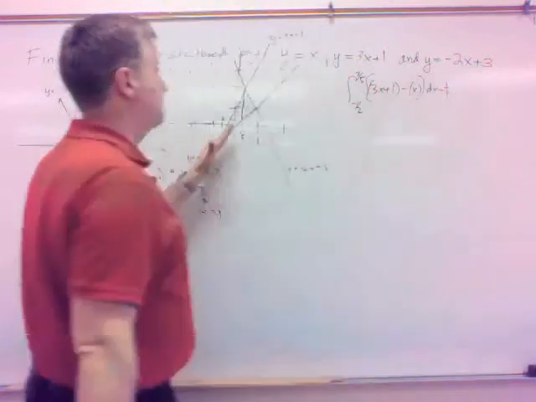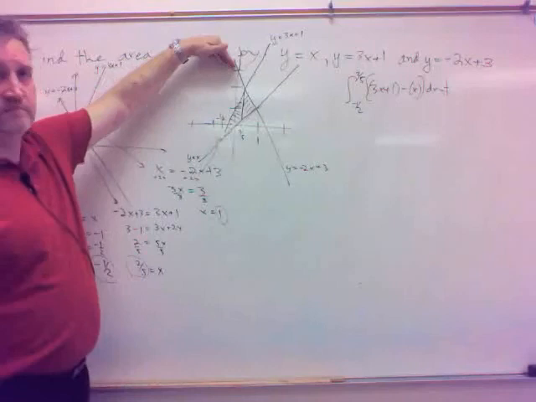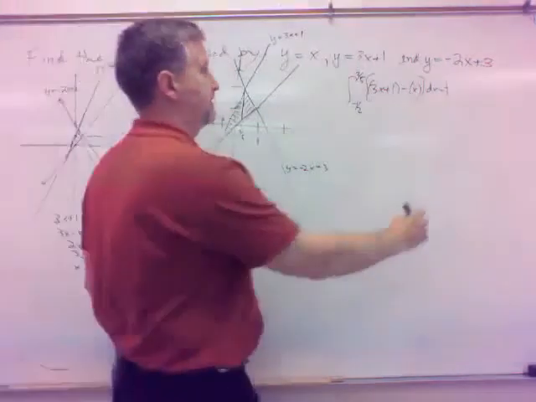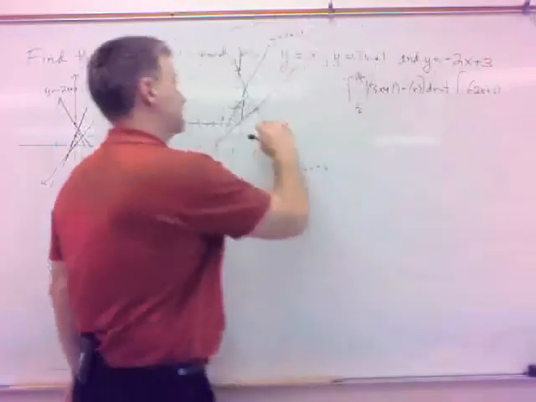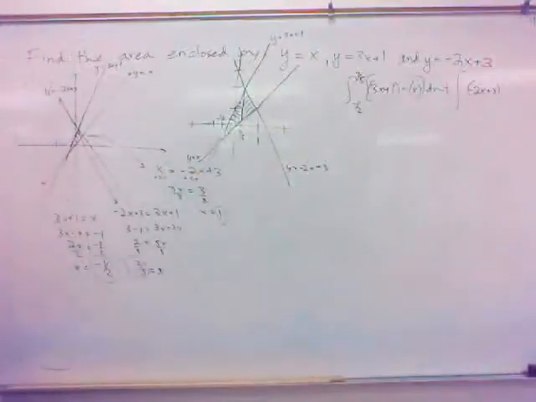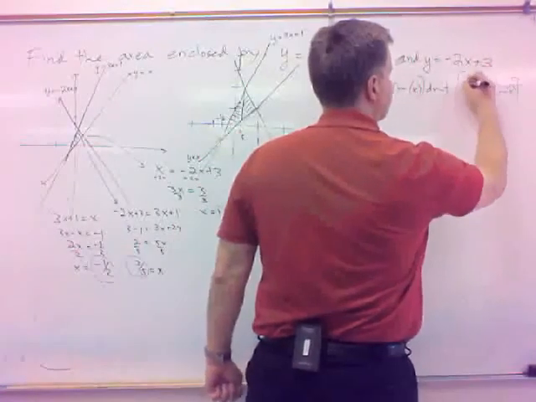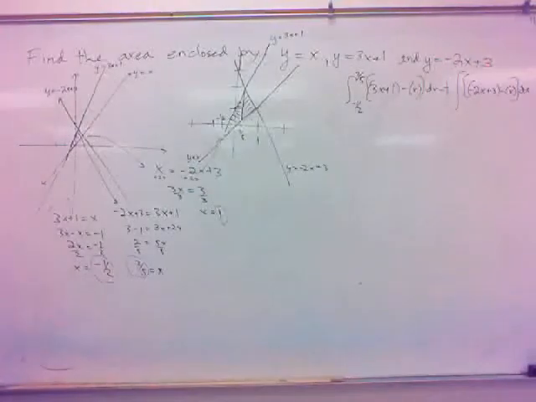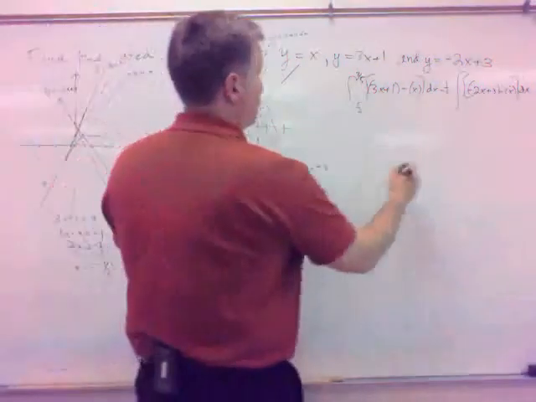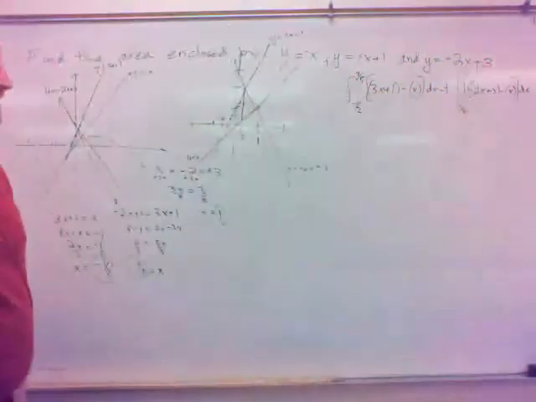Then the other part has, on top, negative 2x plus 3. The x is on the bottom again. Right? And that goes from 2/5 to 1, or 0.4 to 1.